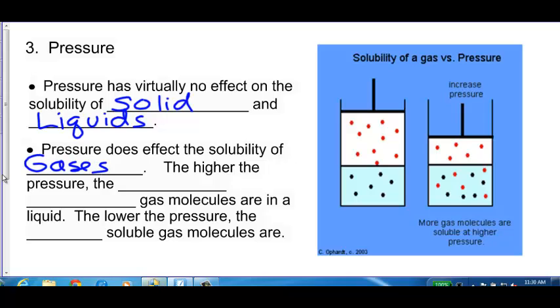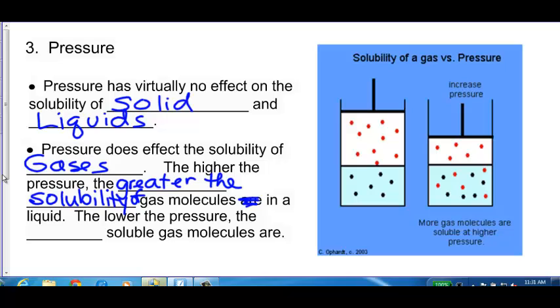And you need to know what the relationship is between pressure and solubility. The higher the pressure, the greater the solubility of gas molecules. Okay?